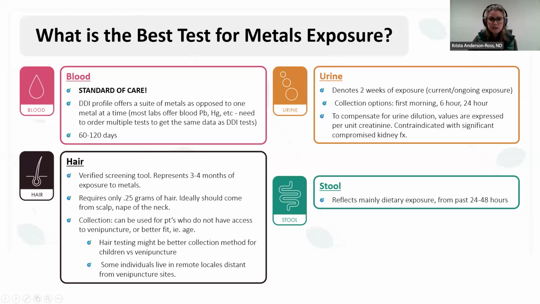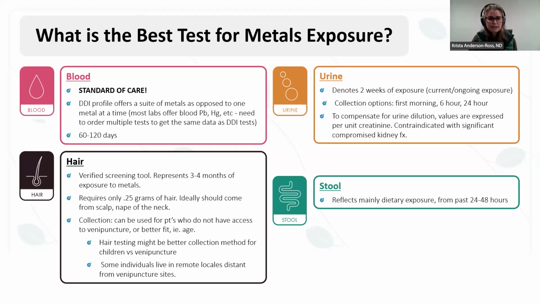So urine reflects current or ongoing exposure because it shows what the body is actively eliminating right now. It's useful when you want to understand present time excretion patterns or if you want to screen for metals that are going to clear quickly from the blood. Stool reflects exposure over the past 24 to 48 hours. So it's particularly tied to dietary and GI exposure, including mercury speciation.